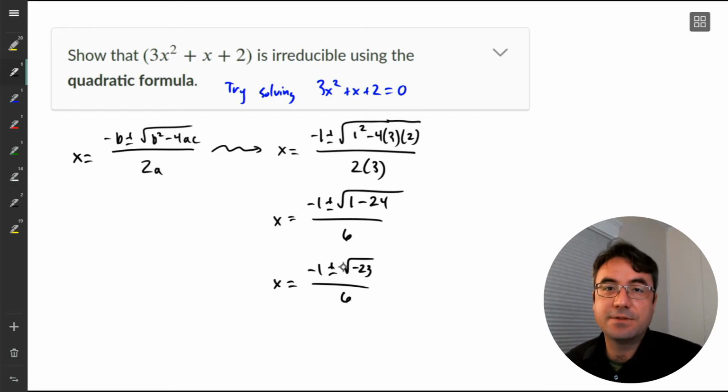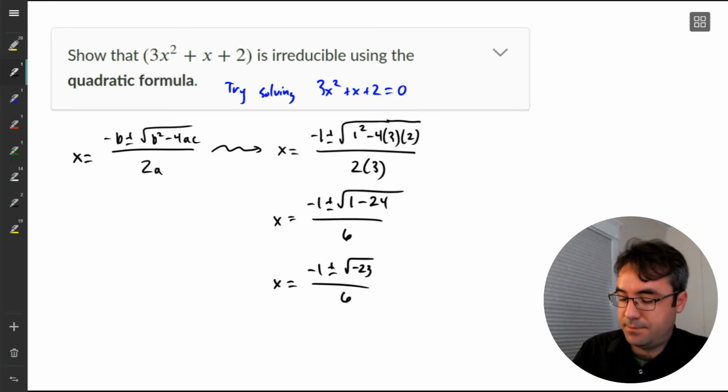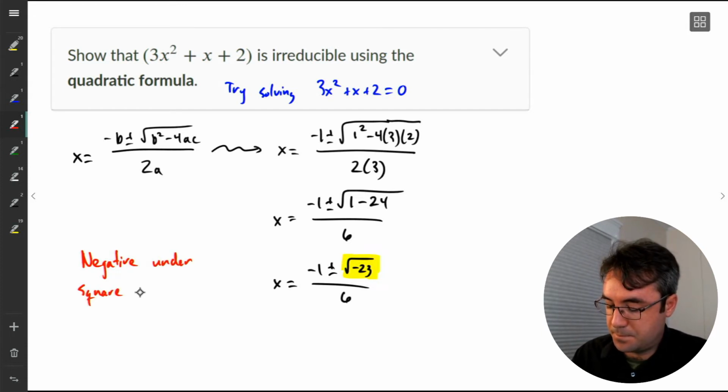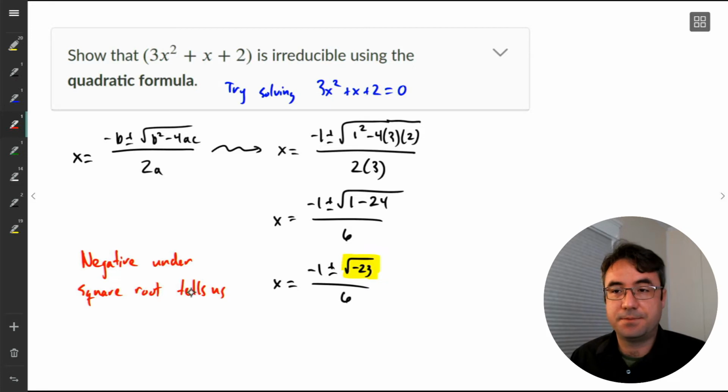And negatives under square roots, that's not a real number. So the negative under the square root there, that's what really tells us this is irreducible.